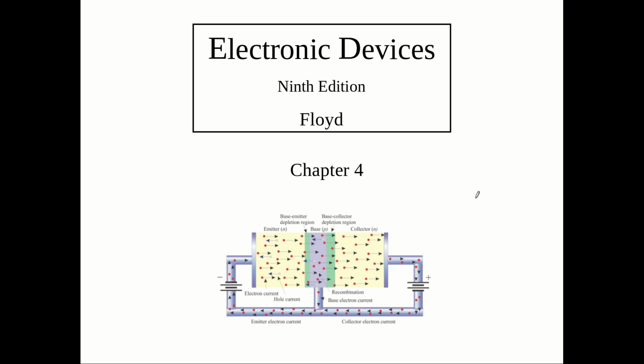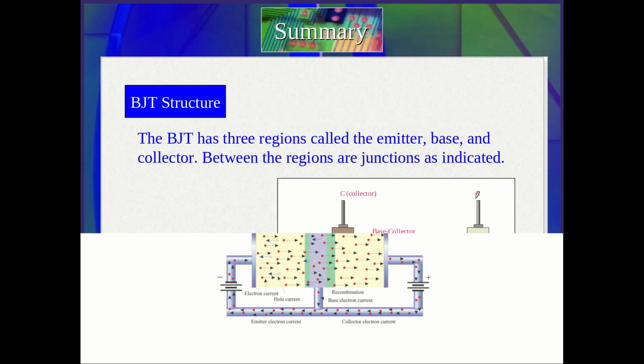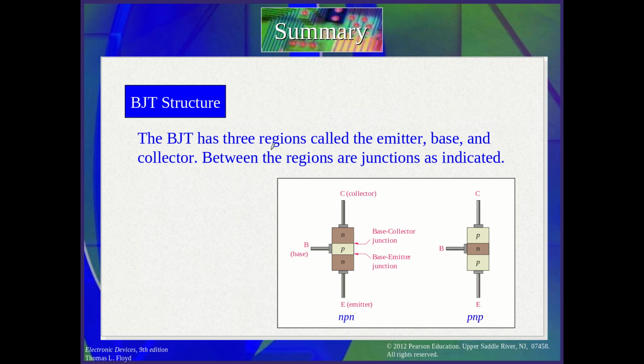So in chapter 4 of Electronic Devices by Floyd, he introduced the other type of PN junction device, which is a very important device, the BJT, bipolar junction transistor. Previously we spoke about the diode.